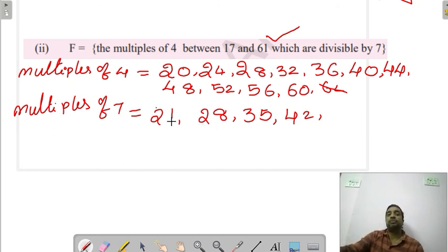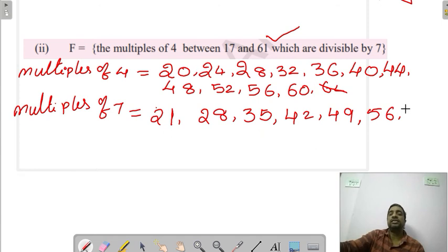So we are writing 7 multiples. The first multiple is 21, which is more than 17. After that, if I add 7, it becomes the next multiple of 7. 42, then 49. 49 plus 7 is 56.